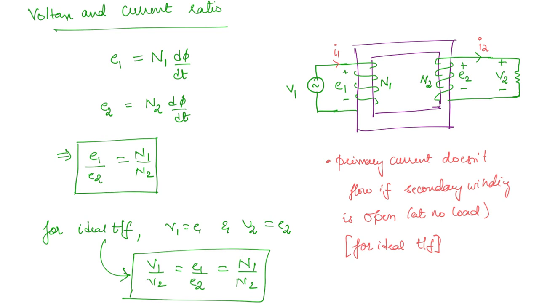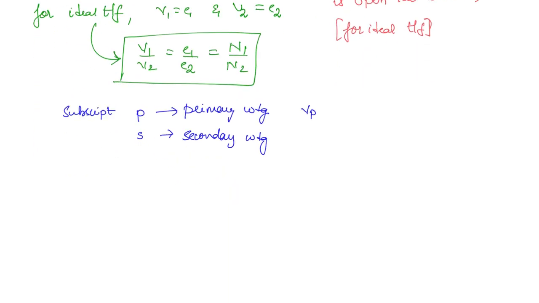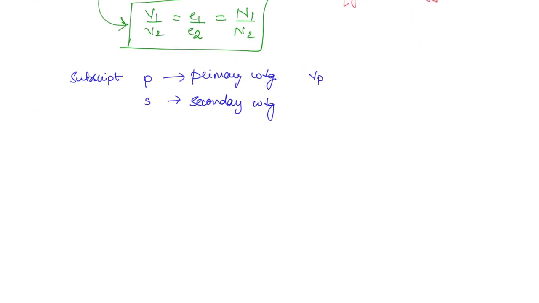Now what is the net MMF that is present in the circuit? One MMF is because of this current I1, N1, and the second MMF is because of N2 into I2. Now these two MMFs, they will be opposing in nature, right? So if you want to write the net MMF, this is going to be N1 I1 minus N2 I2.